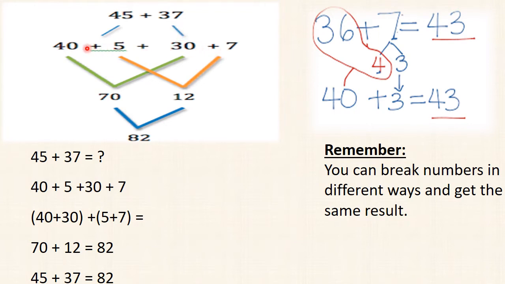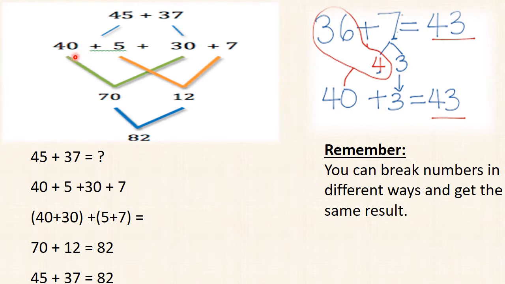Now once I have broken both these numbers, I am not going to use them, but I am going to use these simpler forms: 40, 5, 30 and 7. So let's add them together. I will not add 40 plus 5 again because I will get 45 again.